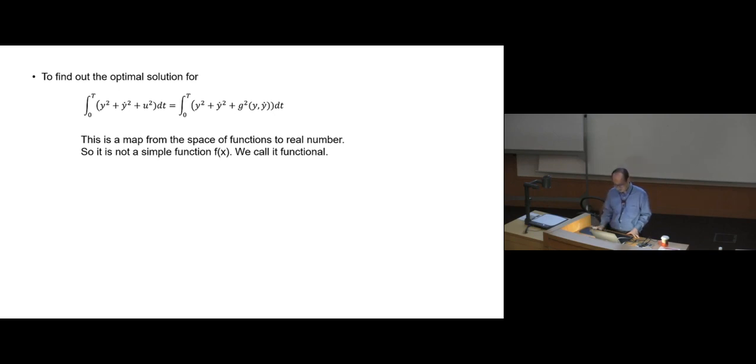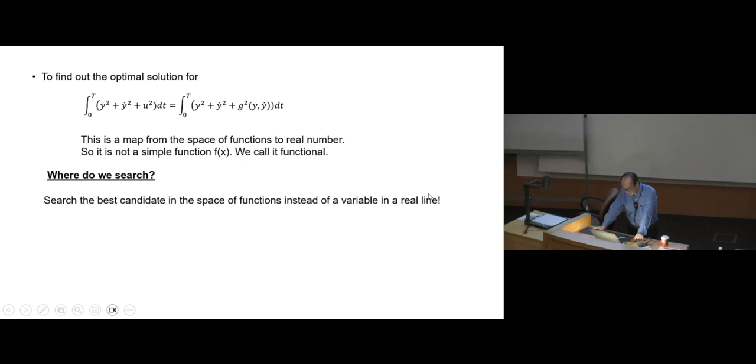So where do we search for the optimal solution for this problem? We are going to search for the best candidate in the space of functions, instead of a variable on a real line, like our f of x. Now we want to search the whole space of functions.